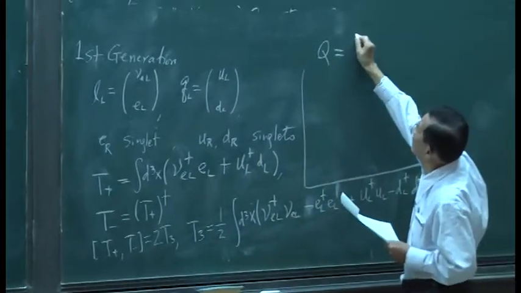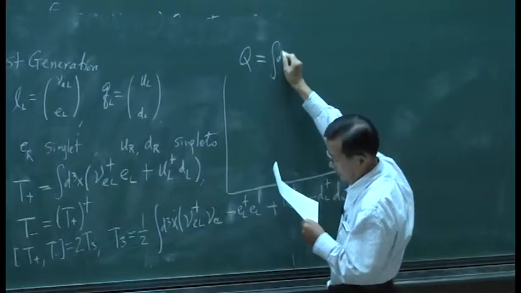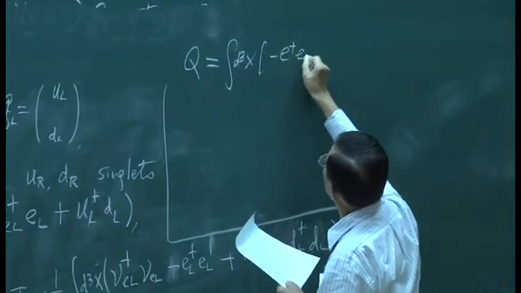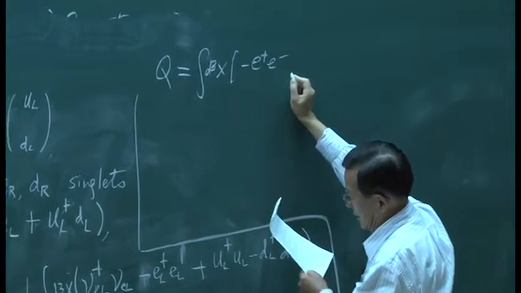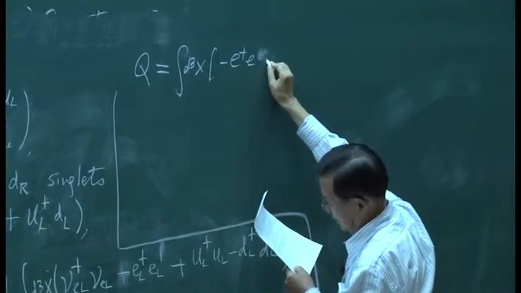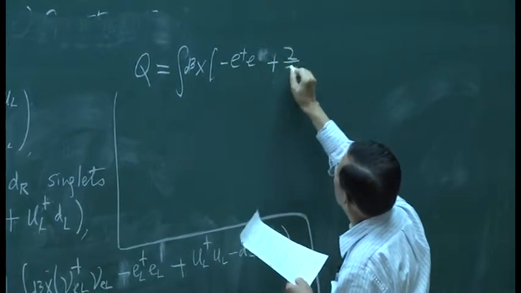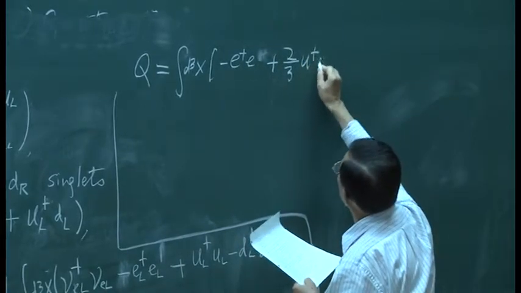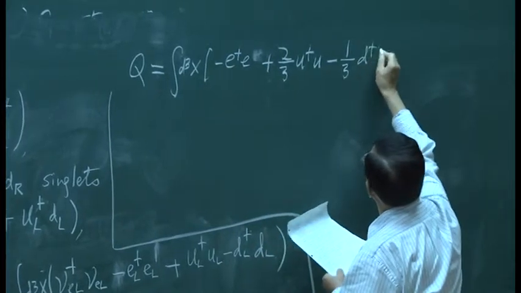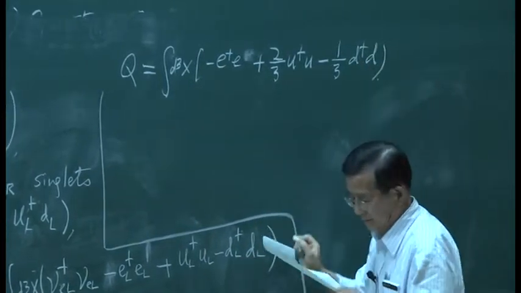So Q, we know, is equal to T3x, and then have a minus E plus E minus, and then E, and then 2/3 U plus U minus 1/3 D plus D. Okay?